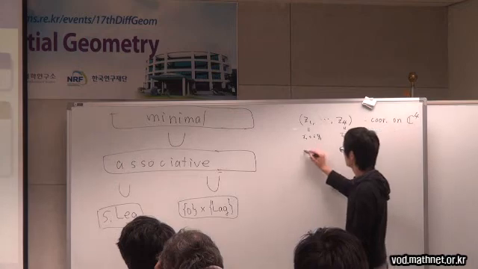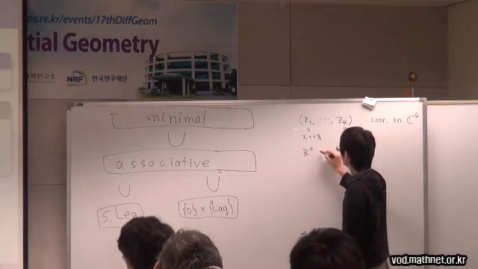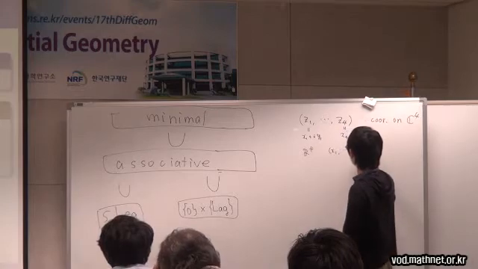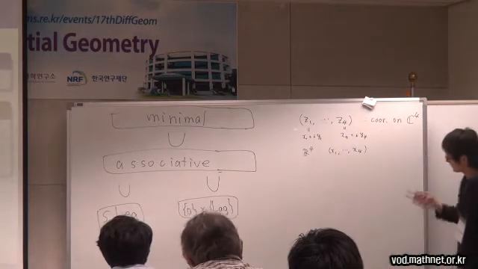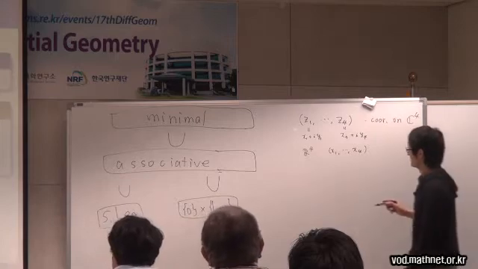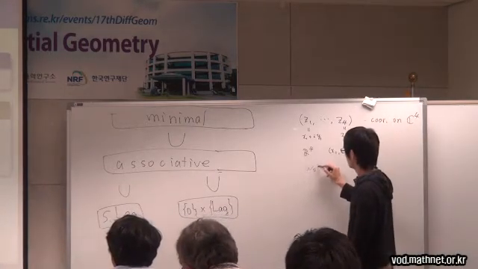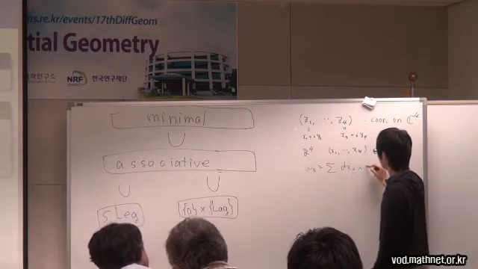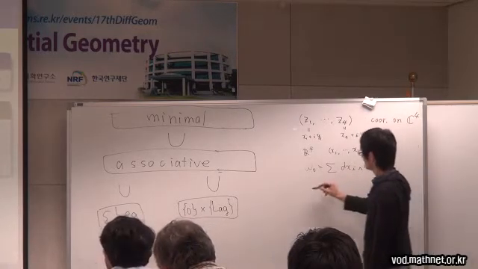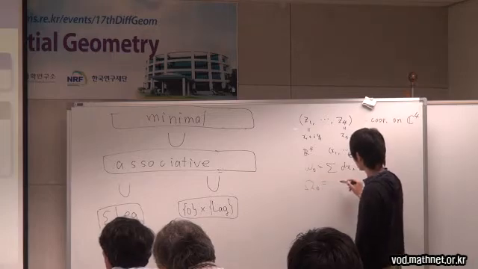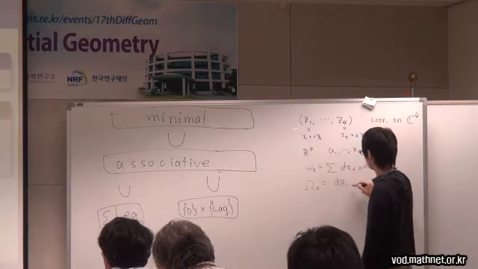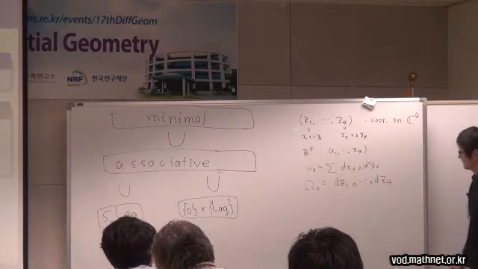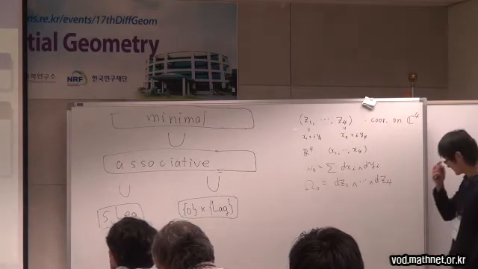And then R4 is the plane spanned by x1 to x4 directions. Then we easily see that the Kähler form omega 0 is of this form, and capital omega 0 is of this form, dz1 to dz4.